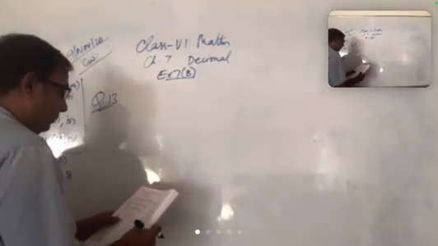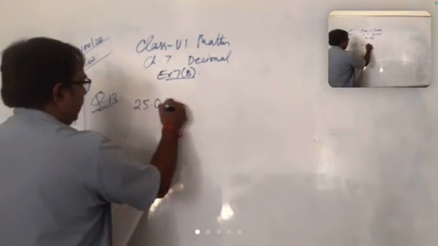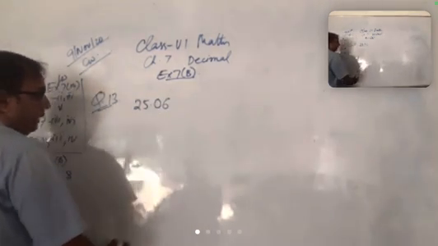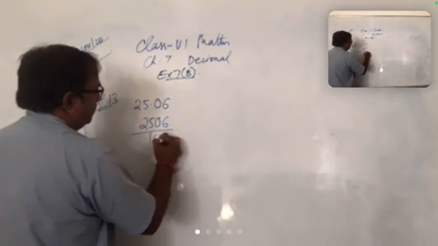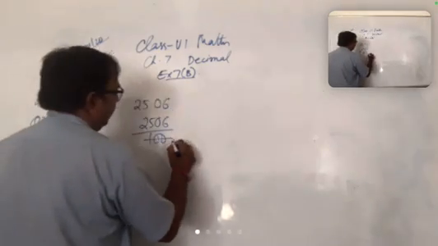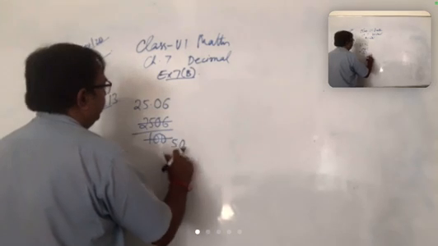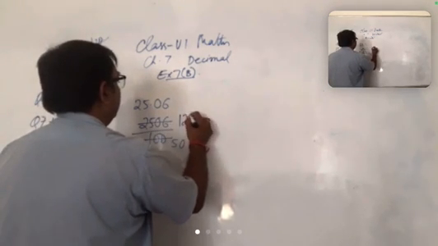Question number 13. It's 25.06. So we know that the 6 is at the hundredth place. So it will be 2506 upon 100. So now cancel it on your own. If you cancel by 2, it will be 1253 upon 50.